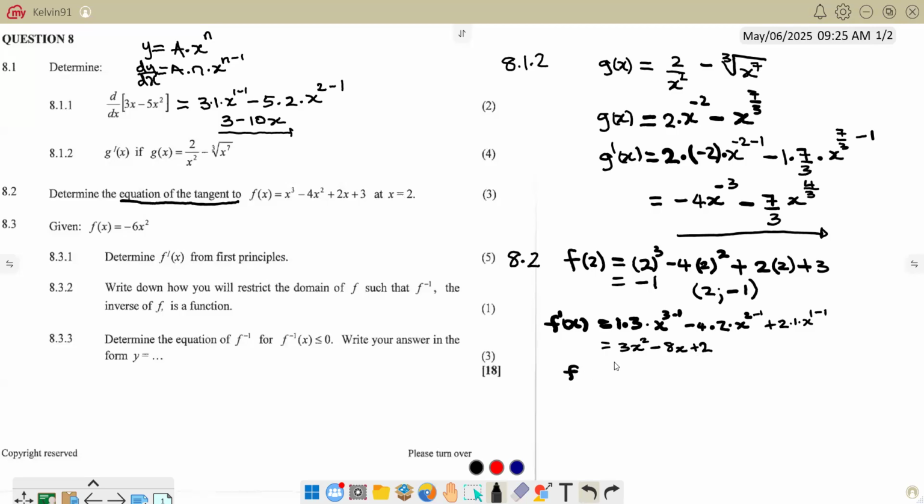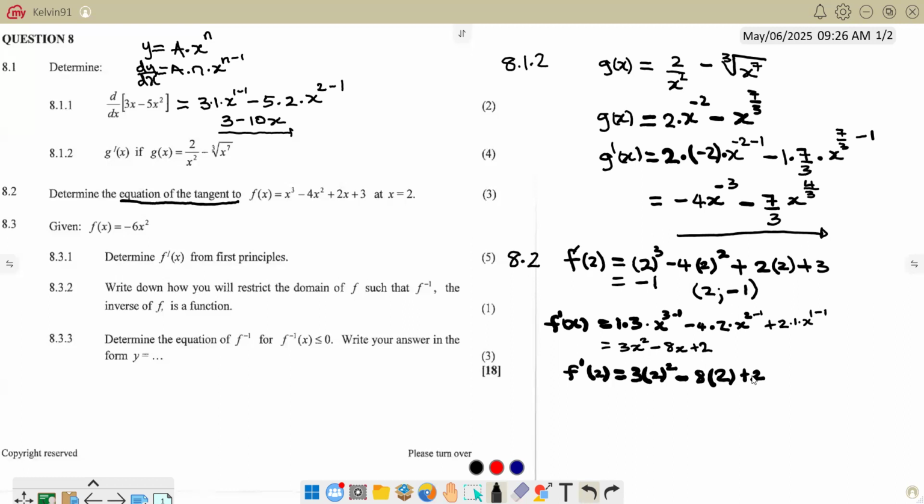So the gradient of the tangent will be given by 3 multiplied by 2 to the power 2 minus 8 multiplied by 2, then plus 2.